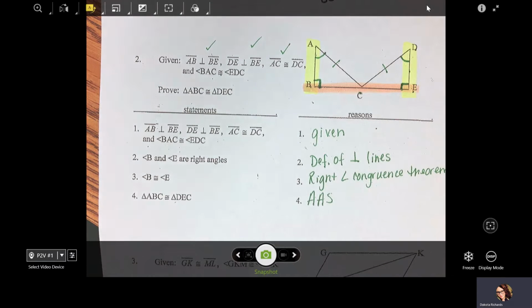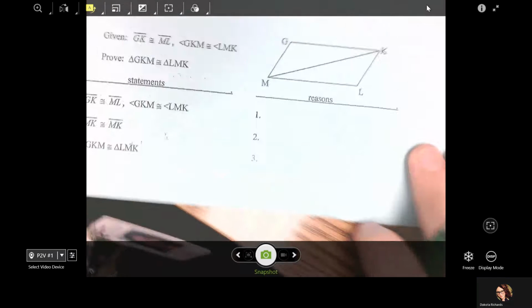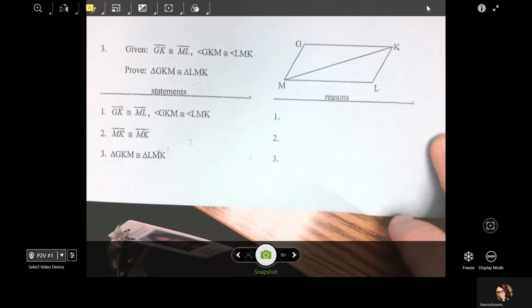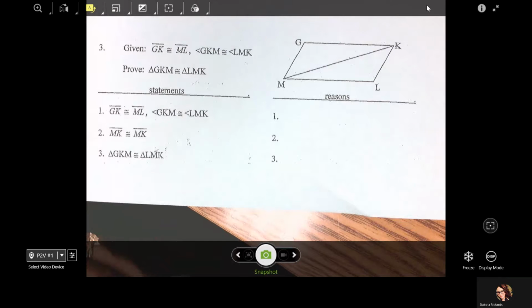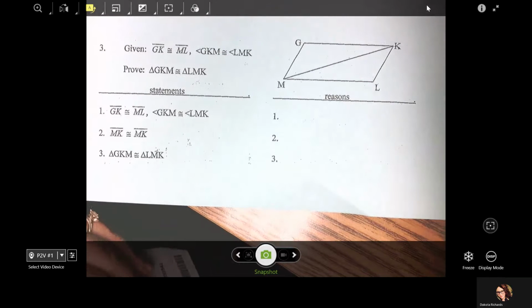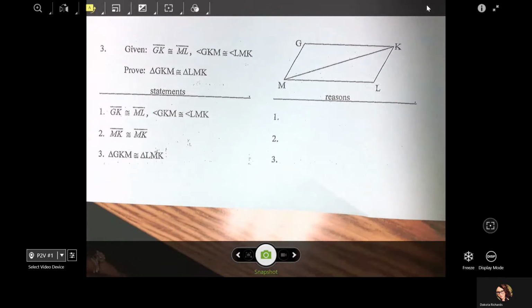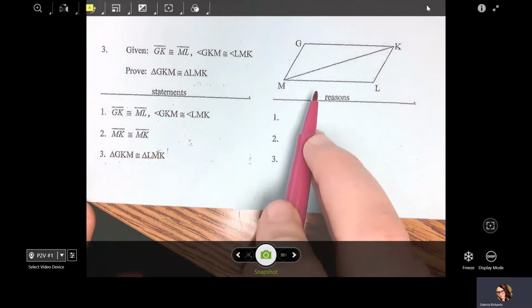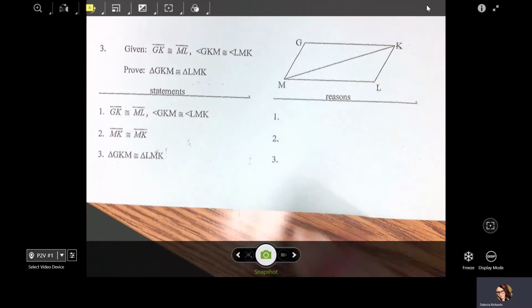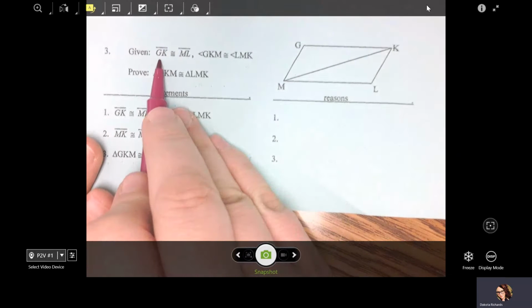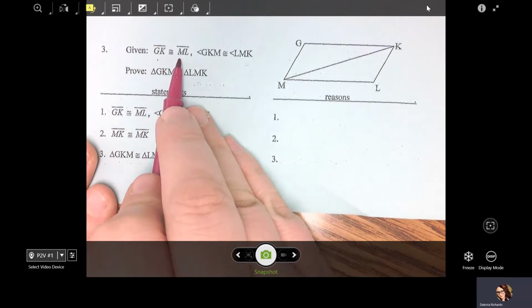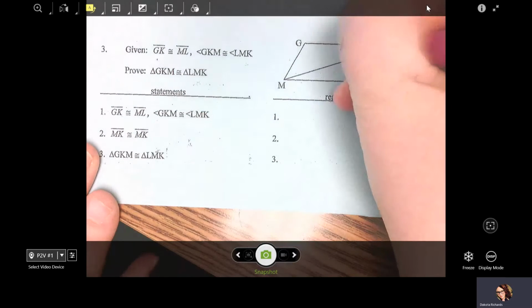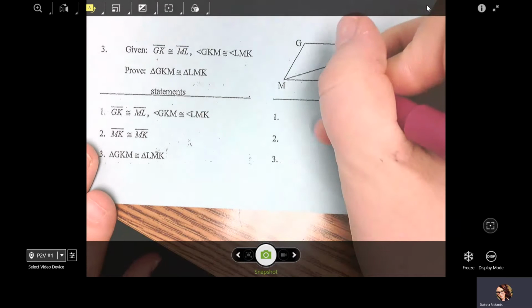Okay. Number 3. So again, look at your given information, fill that in. Segment GK is congruent to segment ML.